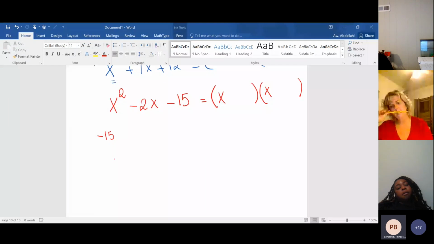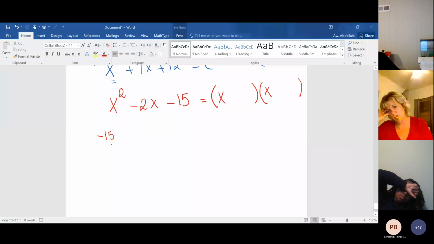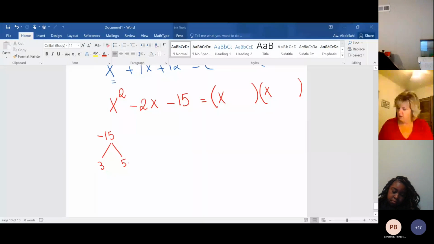So now I'm going to go look for the couples. What numbers come to your mind? What numbers do you multiply to get negative 15? 3 and 5. Everybody will think about 3 and 5. But if I leave them here without any negative, one of them has to be positive and the other negative, right? Now I have to choose which one has to be negative, so the sum will be negative 2. Which one, the 3 or the 5?